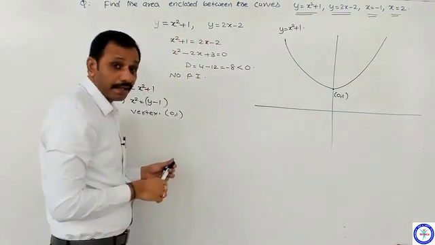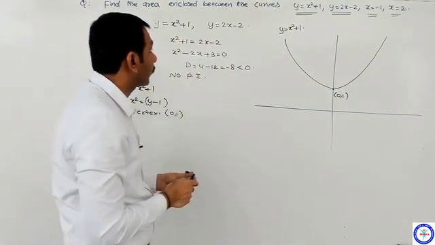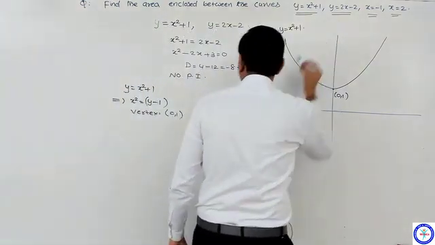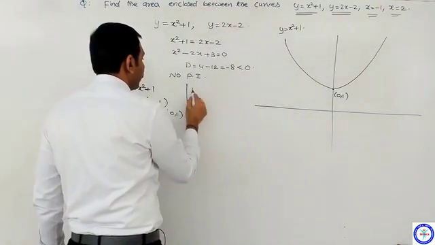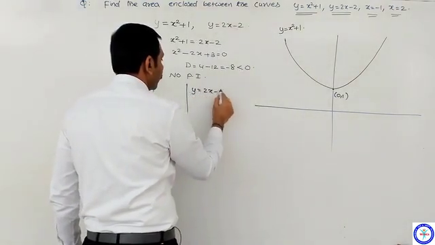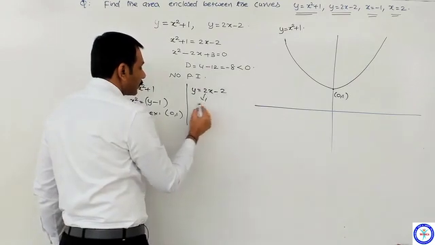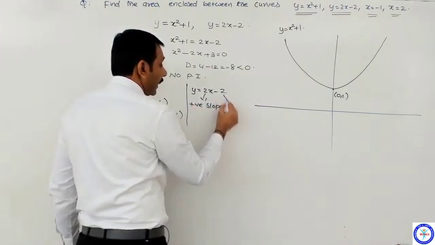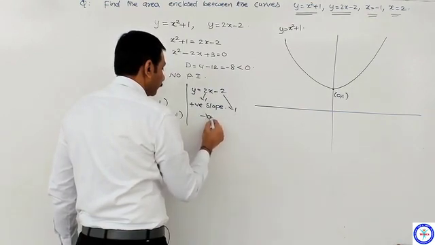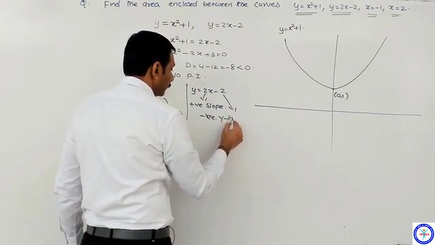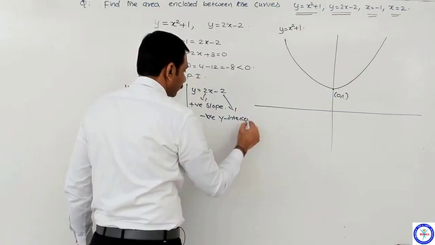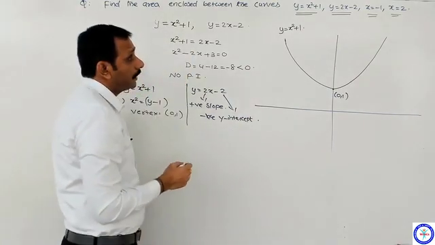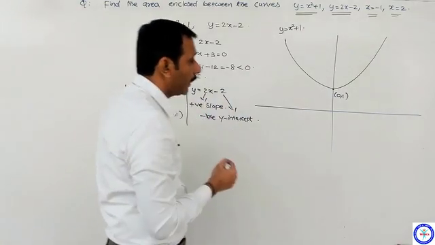And coming to the second equation, y equal to 2x minus 2. Observe here. It has positive slope and negative y-intercept.